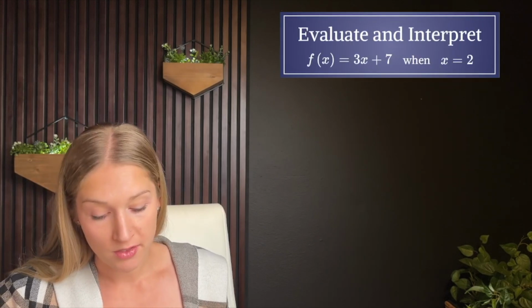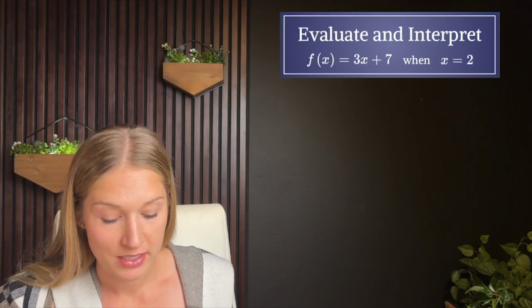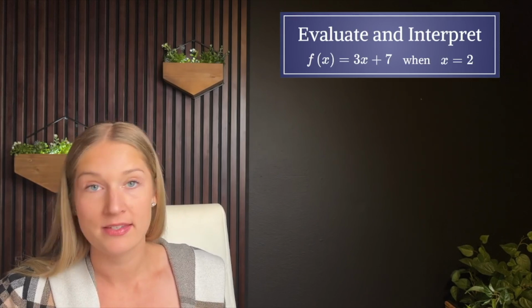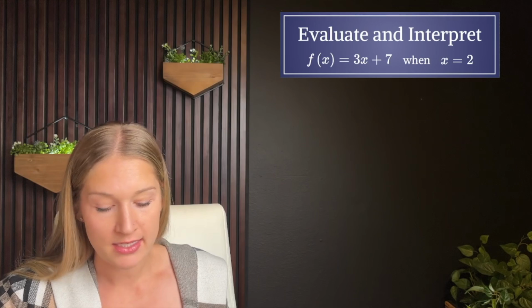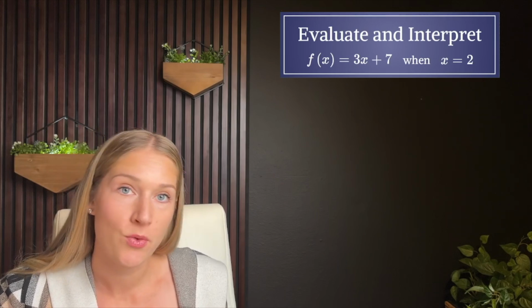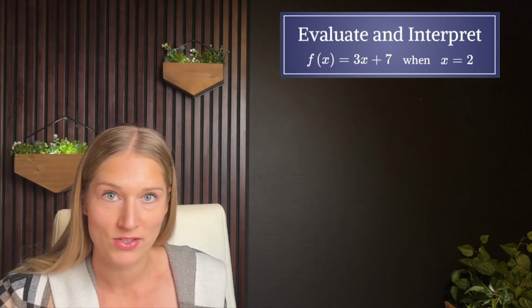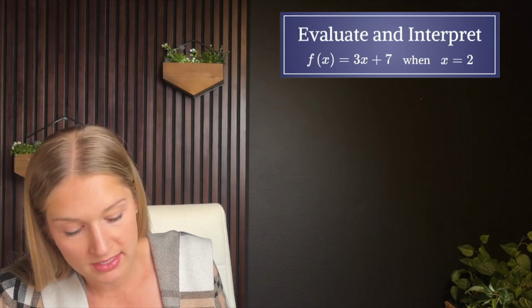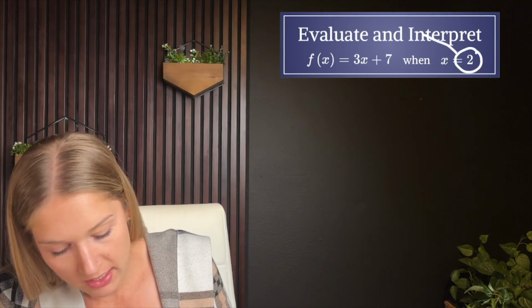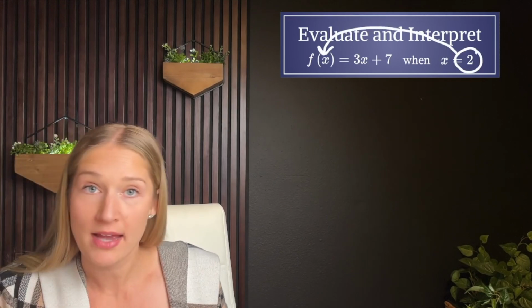So let's go ahead and do it just once with this example here. I've got a function named f of x. So x is the variable that I'm putting in, and it equals 3x plus 7. And I want to know, what does that equal when x is 2? So all we're going to do is take this 2 and put it in for x.